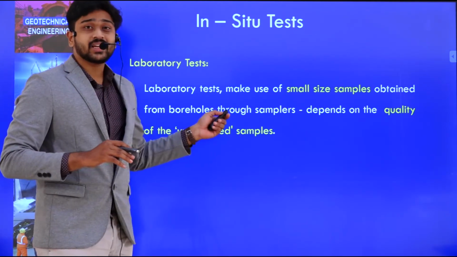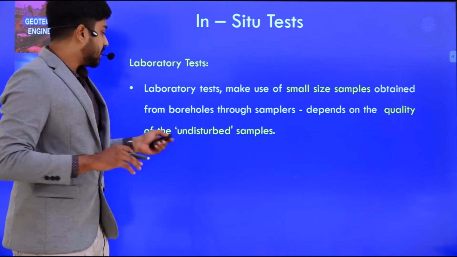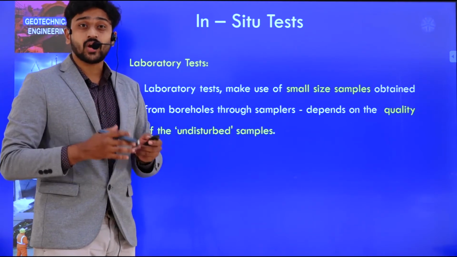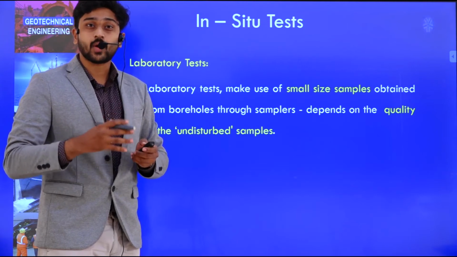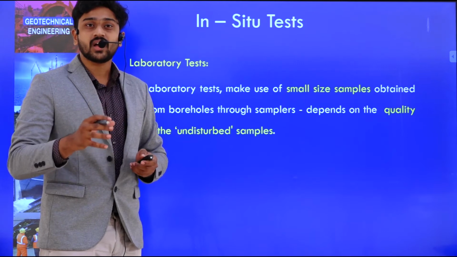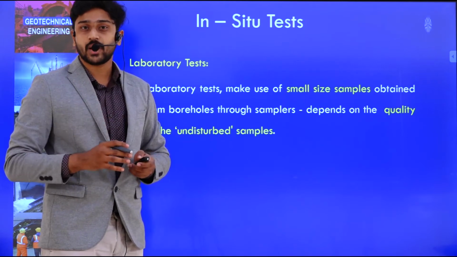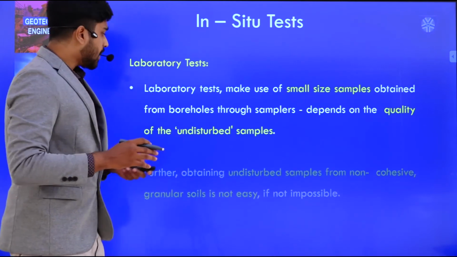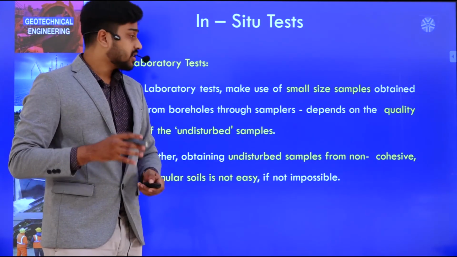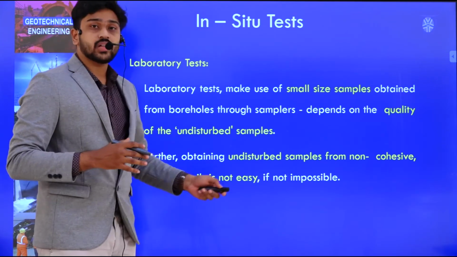The main thing is that it depends on the quality of the undisturbed sample that we are taking. If the soil is getting disturbed, the properties are actually changing. That is why we need to make sure that we collect an undisturbed sample for testing in the laboratory.